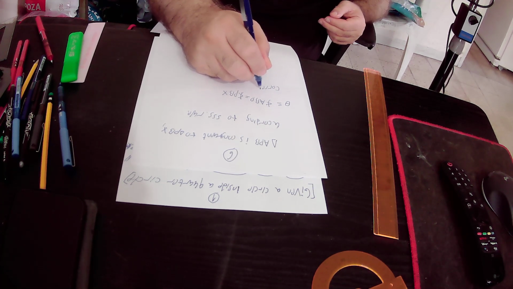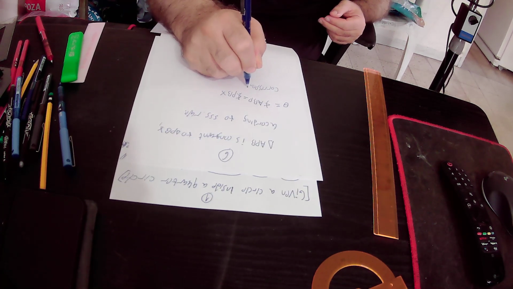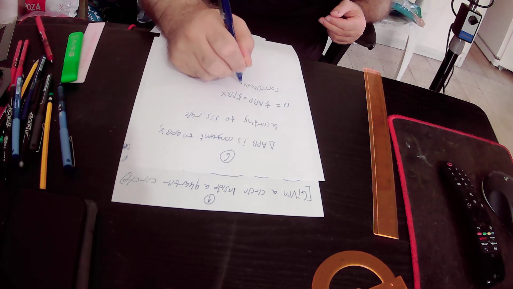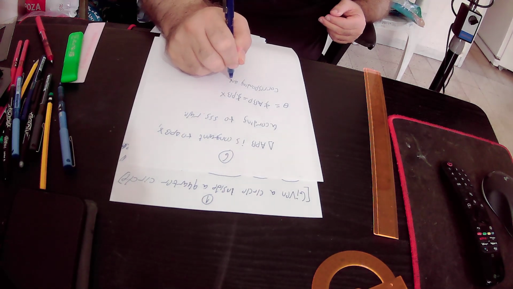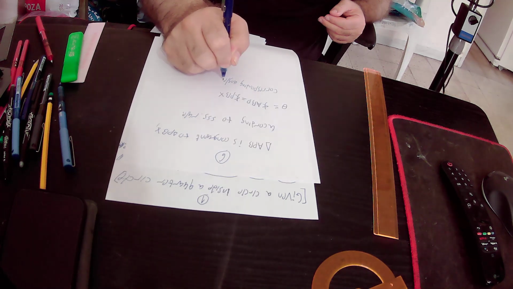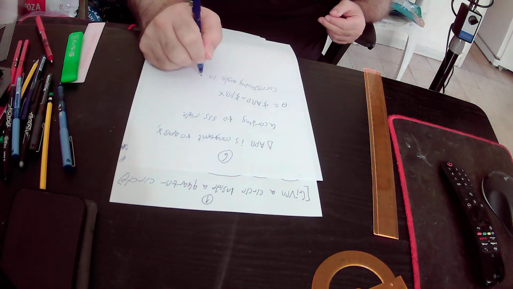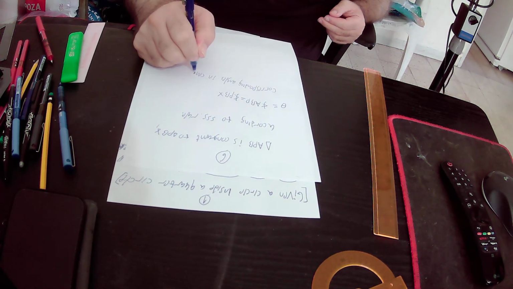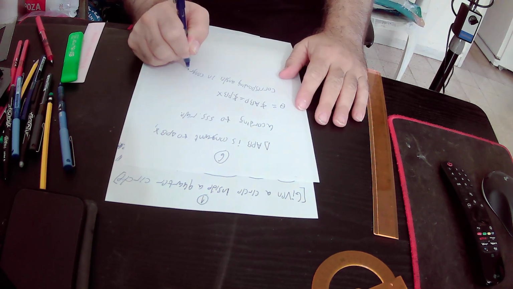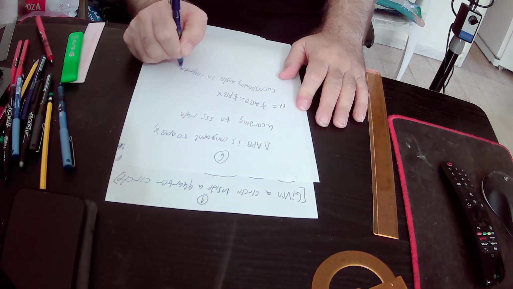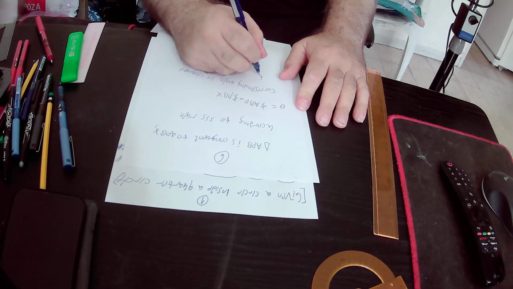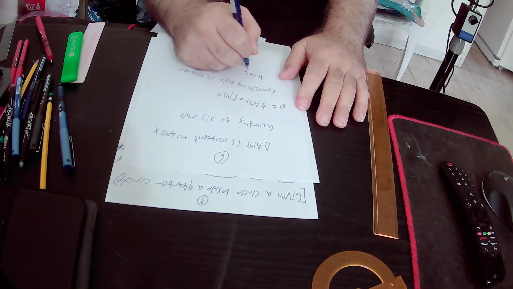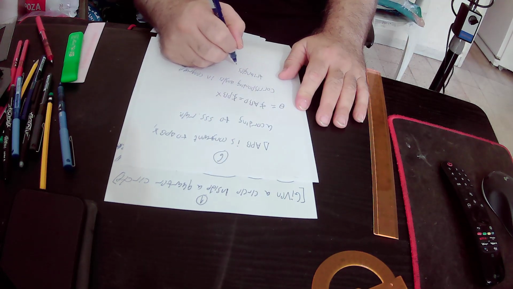Corresponding angles in congruent triangles are equal to each other.